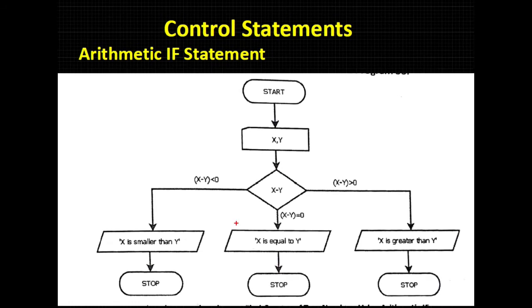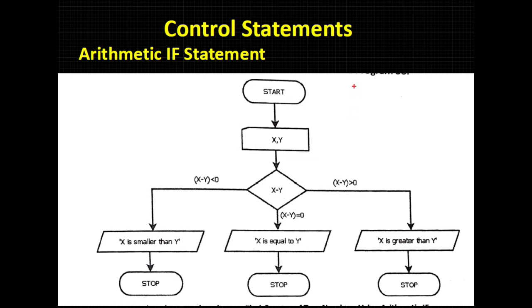Now this is the flowchart, and using it we will write a program to find the relation between two numbers. We will start the program, then take input of two numbers from the user. For input we use the chamfered rectangle, x, y. Then we take the result of x minus y.